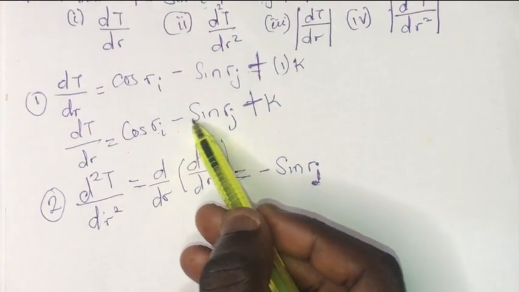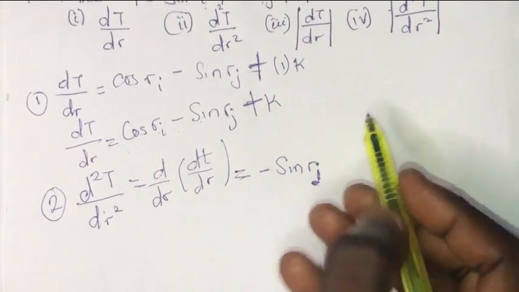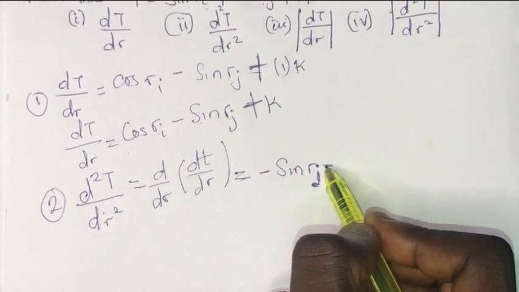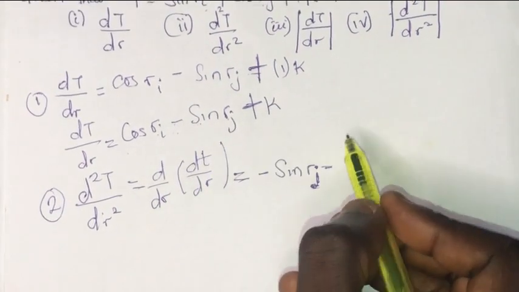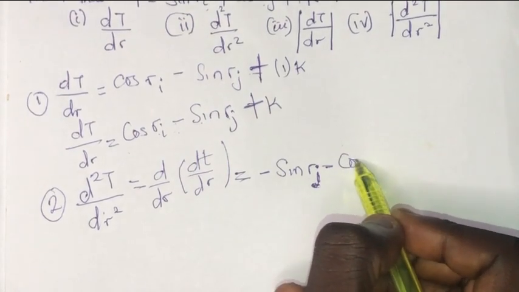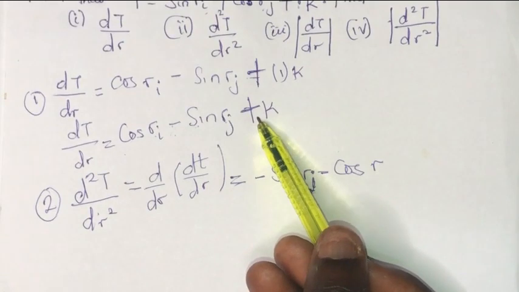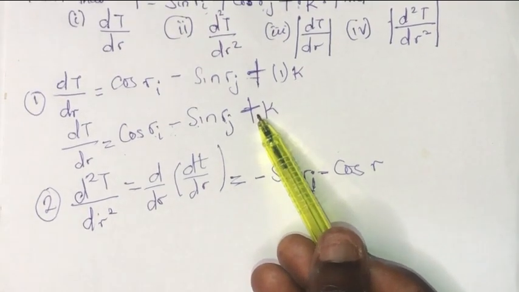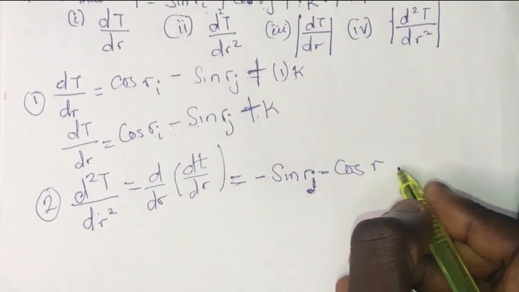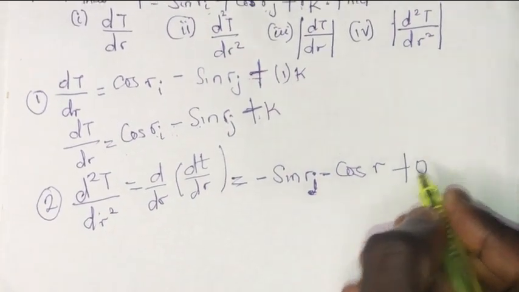If you differentiate minus sin t, because of the minus here, you are going to have minus cos t. Now you can see for this k, we do not have t beside it. That means it is a constant, and when you differentiate a constant, you have 0.